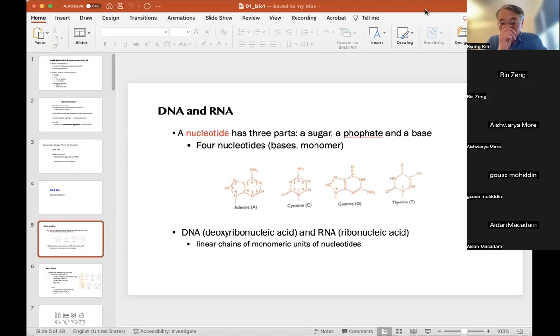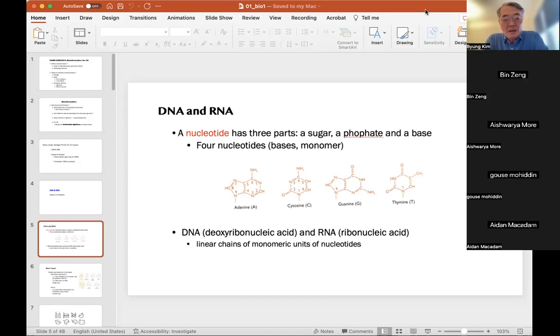So, DNA and RNA. DNA, we all know, consists of a sequence of what are called bases or nucleotides. We have only 4 nucleotides: A, C, G, T, adenine, cytosine, and so forth, and you have the models for each base.